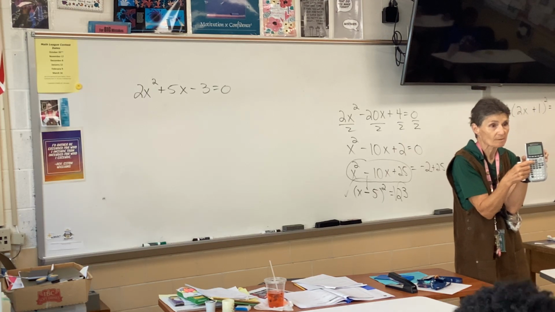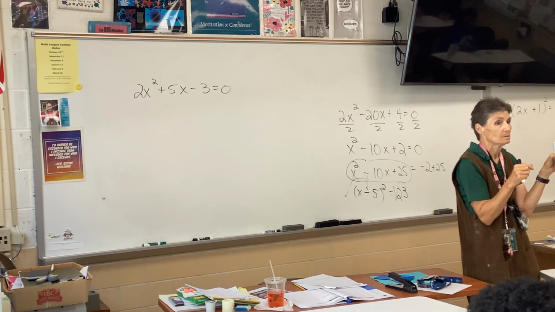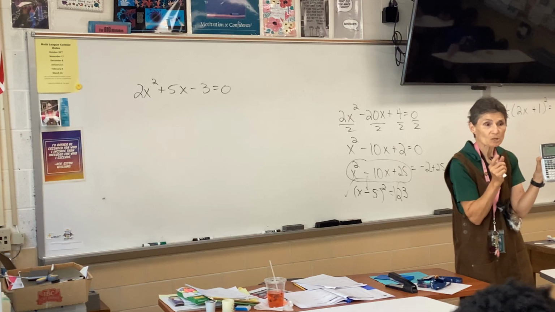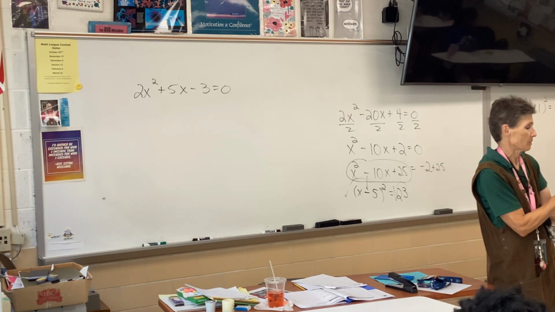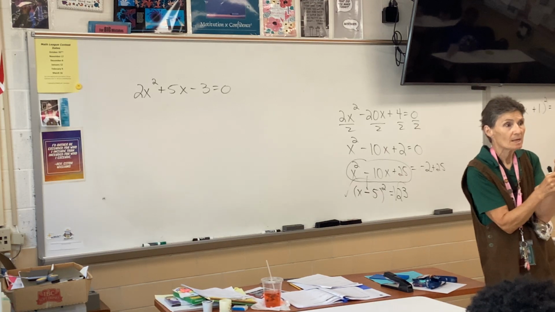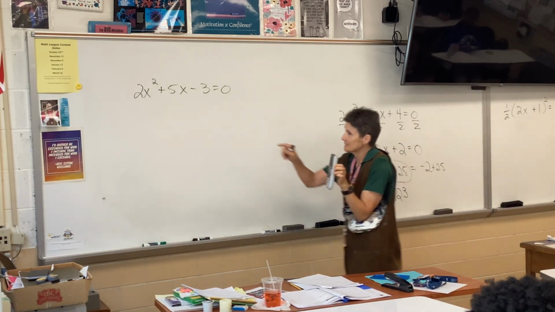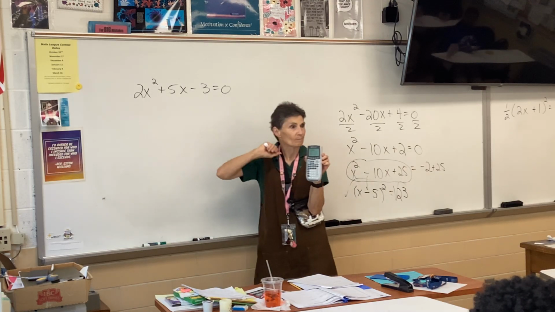Okay, press X. Now, did anybody press X and not get X? Okay, good. Now we're gonna square it, so we just hit our little squared button over here. Over at the side, it says X squared, hit that button. And now, does everybody see, it says y1 equals 2x squared.